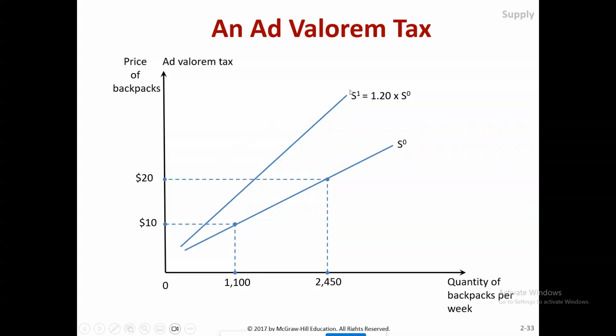So we can see the supply curve shifts left, but the two curves are not parallel to each other. The gap is getting larger whenever the product's sale is getting higher.